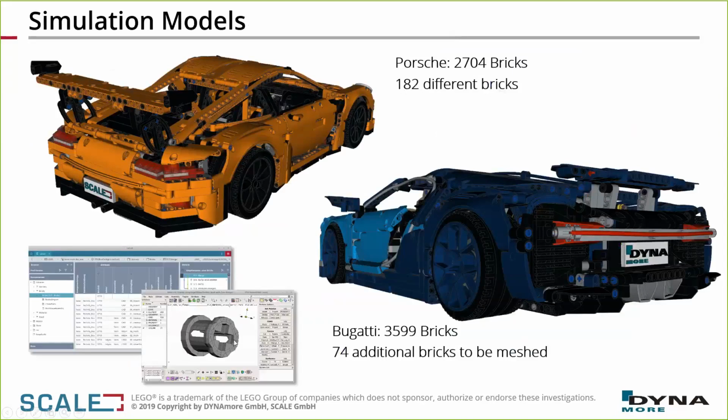As explained earlier, since I'm having a brick library within LoCo where I have each brick only meshed once, I only had to mesh 74 additional bricks to set up my process. So it was actually easier to set up the model for the Bugatti than for the Porsche, even though it's bigger.